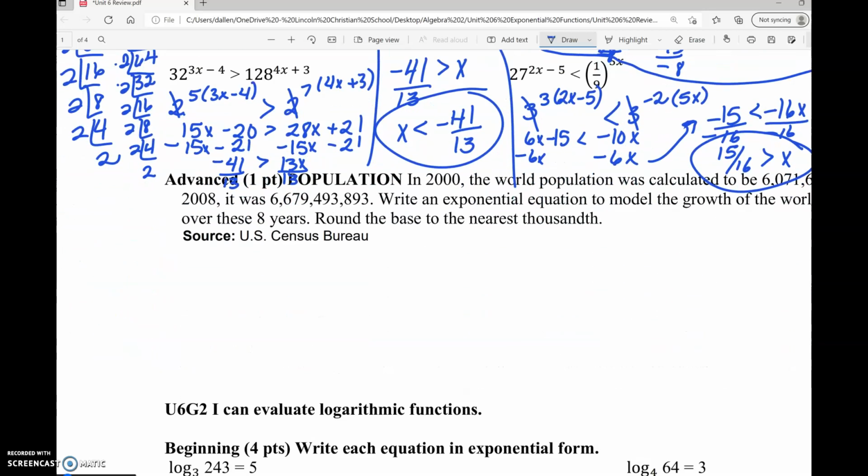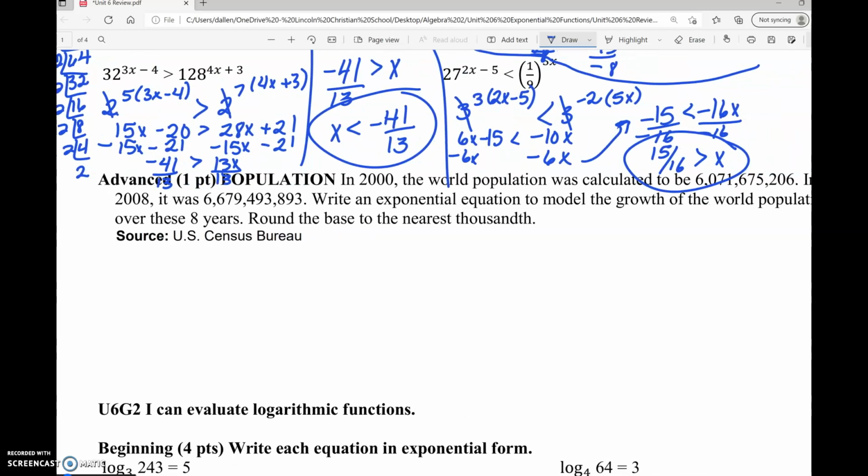All right, so on this one, this is where we're writing our equation. So remember, your equation is y equals a times b to the x. So your first point, 2000, is your 0 or your a. 6,071,675,206 in the year 2000.